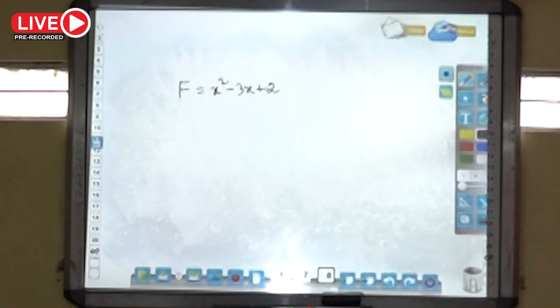Suppose that x equal to 3 by 2. Put this value of x in the expression.